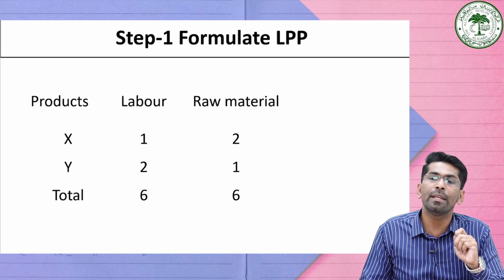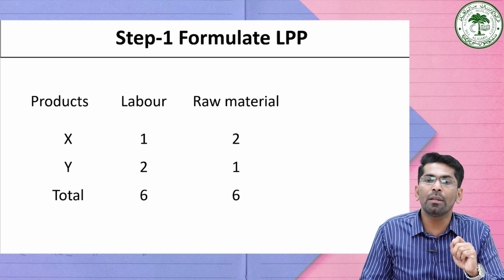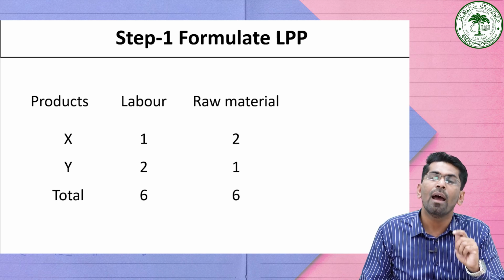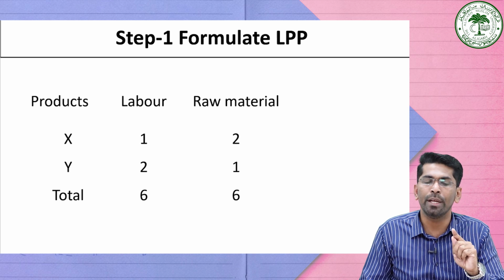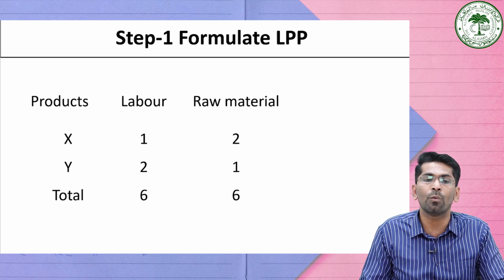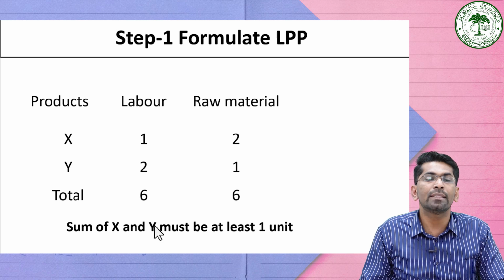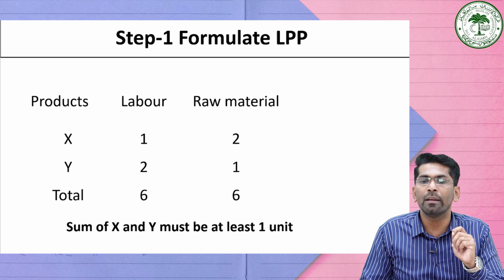In order to meet the demand, the total production, that is the sum of X and Y, must be at least 1 unit. I am going to write this particular requirement here: the sum of X and Y must be at least 1 unit.